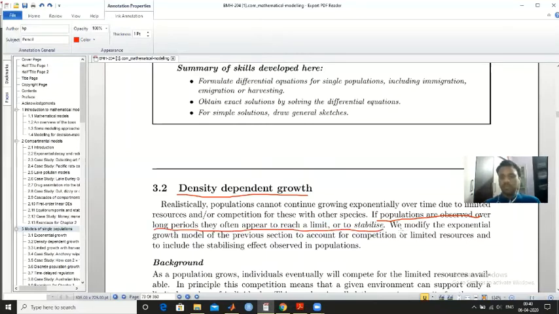So we modify the exponential growth model of the previous section to account for competition or limited resources. What is the meaning of competition or limited resources? Why does this population remain constant?